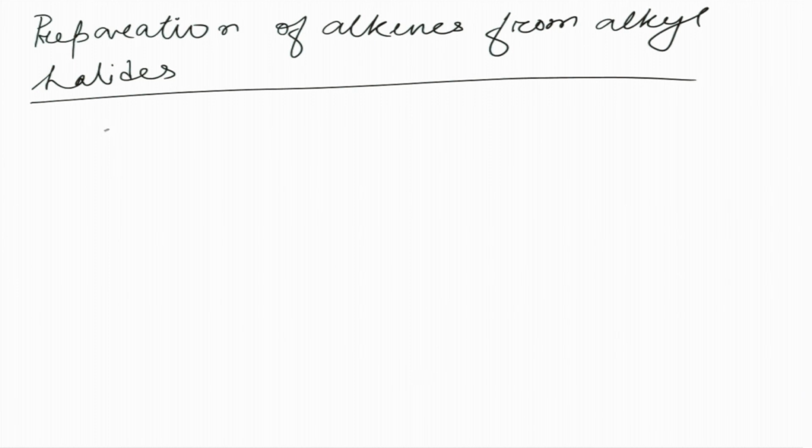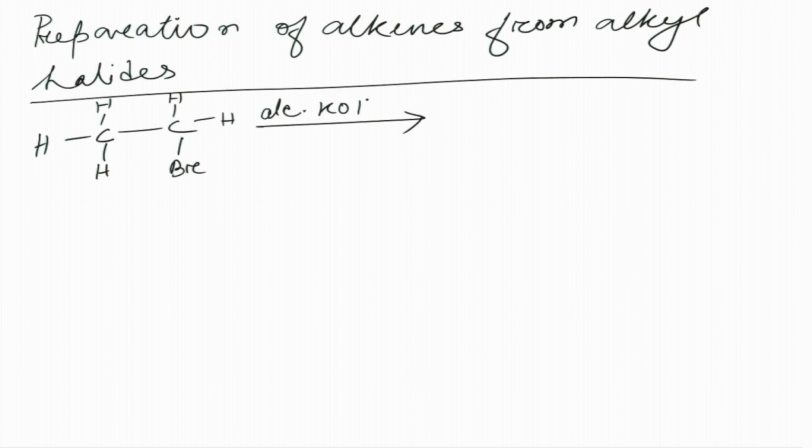Let us say this is ethyl bromide. In the presence of alcoholic KOH and heat, it forms ethene.